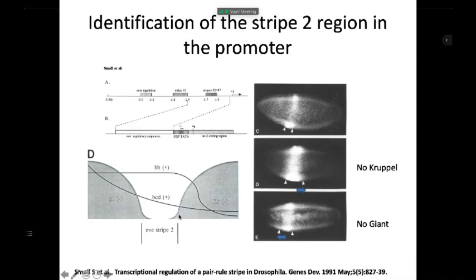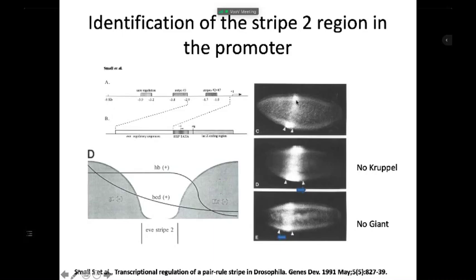And then we can use different mutants. We can use a Krüppel mutant or a giant mutant. And remember, regions that have no Krüppel and no giant, but still have high levels of hunchback or bicoid, are the regions where this even-skipped stripe will be expressed.